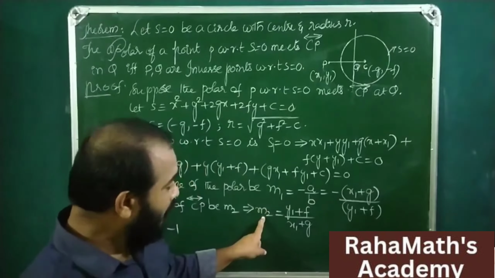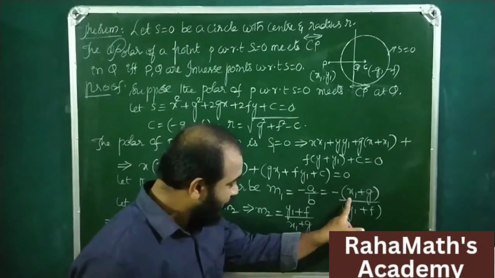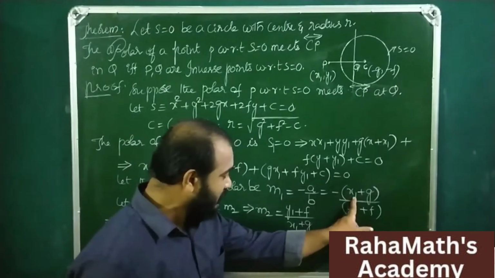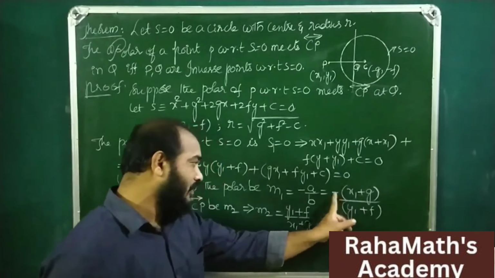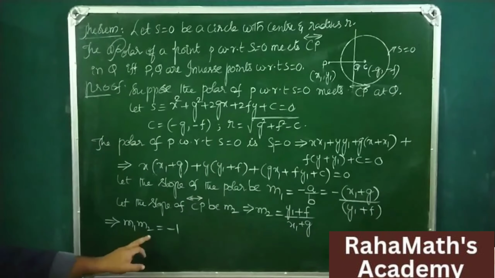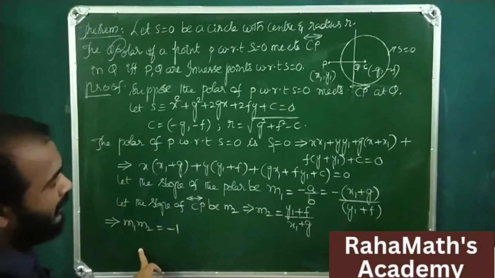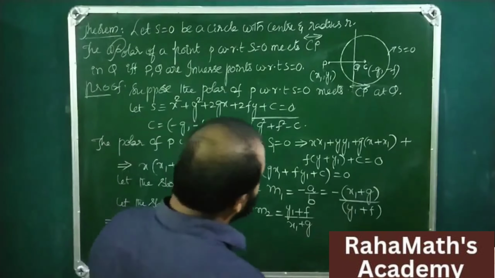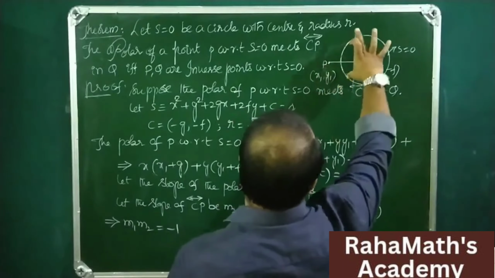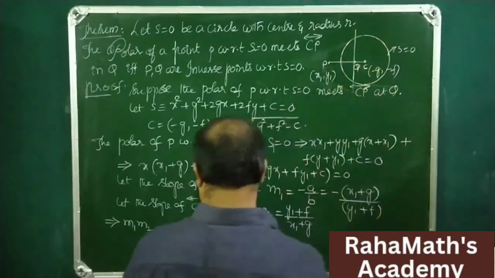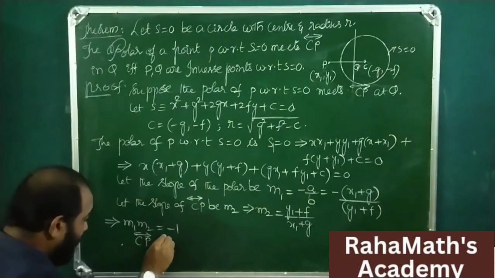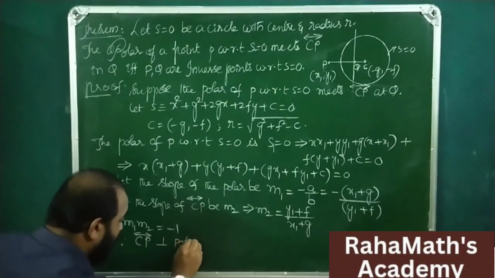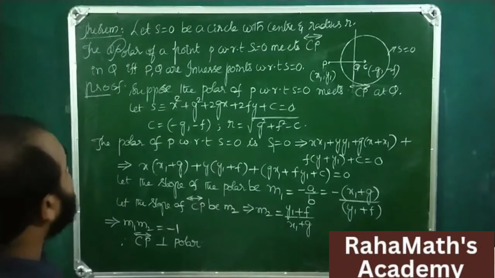If you multiply, x1 plus g gets cancelled, y1 plus f gets cancelled, and we are left with minus 1. If the product of the slopes is equal to minus 1, then CP is perpendicular to the polar. So that is what we need to prove.